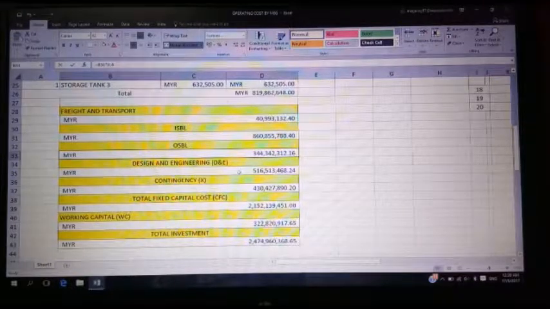Our design and engineering is 516,513,468.24 Malaysian ringgit. Our contingency is 430,427,890.20 Malaysian ringgit.